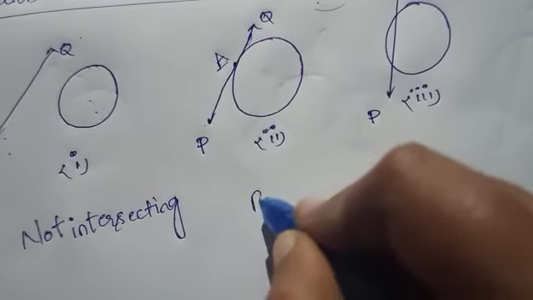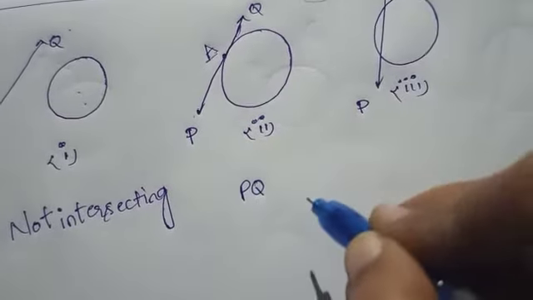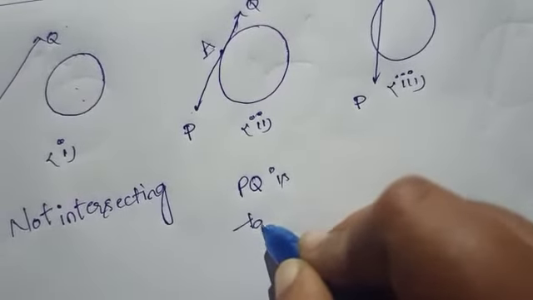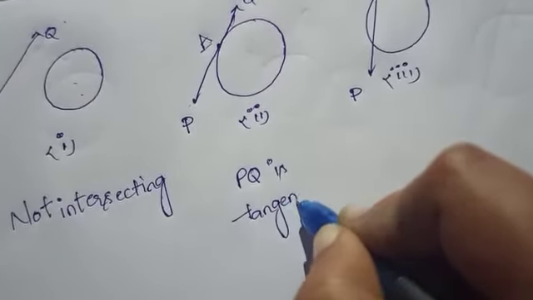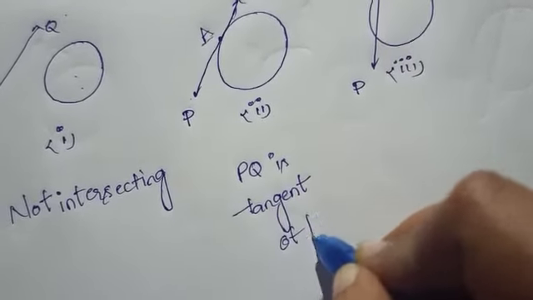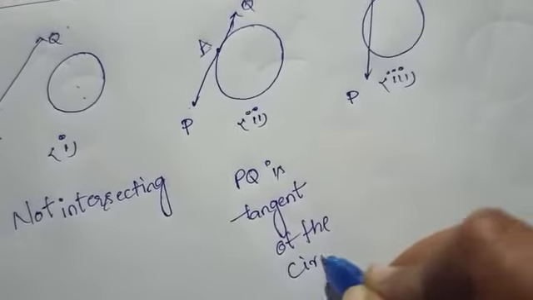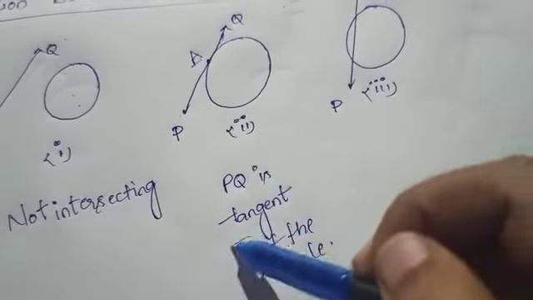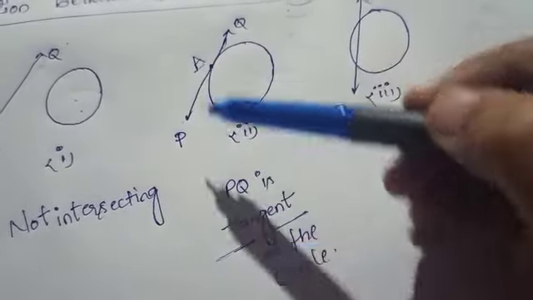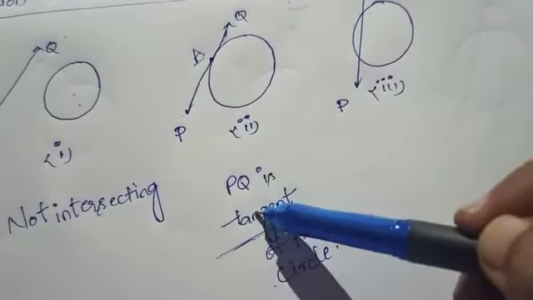So PQ is a tangent of the circle. PQ is the tangent of the circle. Is it clear? Tangent means a line that touches the circle at a single point is called a tangent.